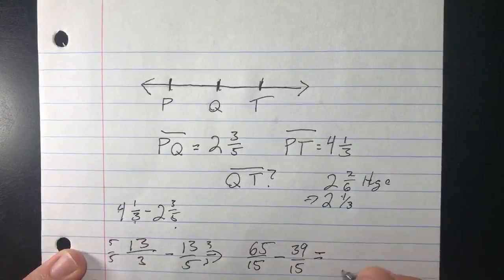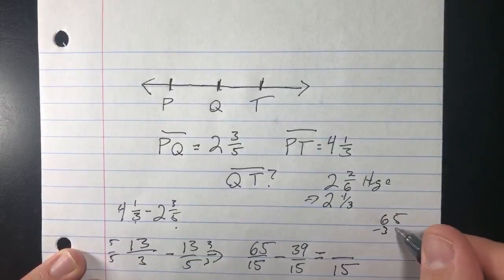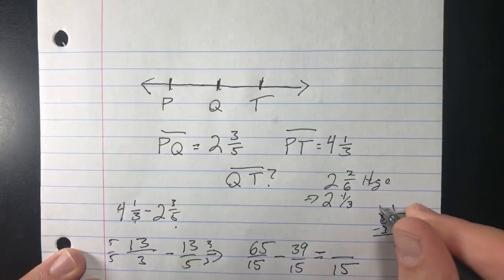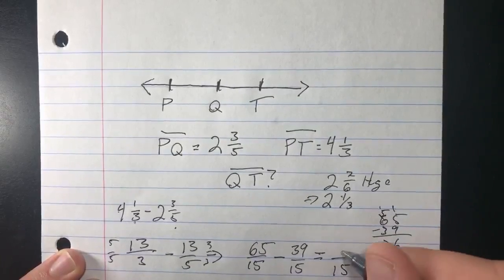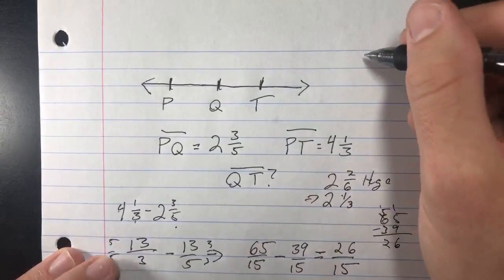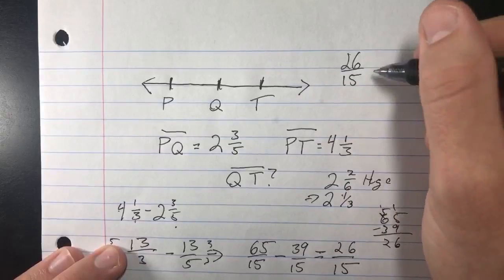So now I can keep my denominator the same, and I'm going to do the subtraction here. 65 minus 39, 6 is now 5, 26 over 15. Okay, so let's see if this reduces to what you got. 26 over 15, and of course, if I make a mistake, point it out.